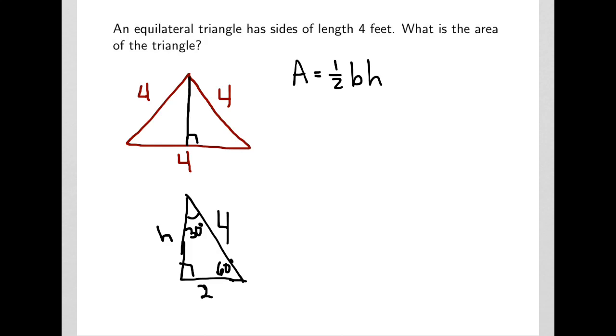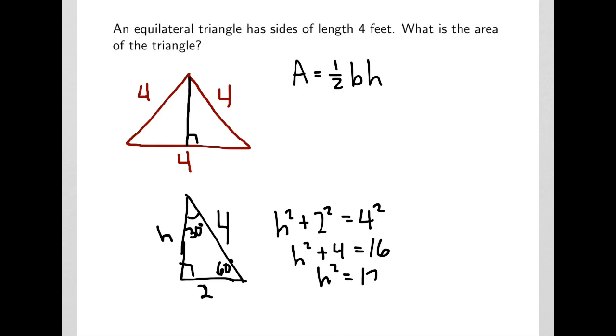Or I could use the fact that this is a Pythagorean triangle. The Pythagorean Theorem works. So h squared plus 2 squared equals 4 squared. In other words, h squared plus 4 equals 16. H squared equals 12. So my height is the square root of 12 feet, which is 2 square root of 3 feet.